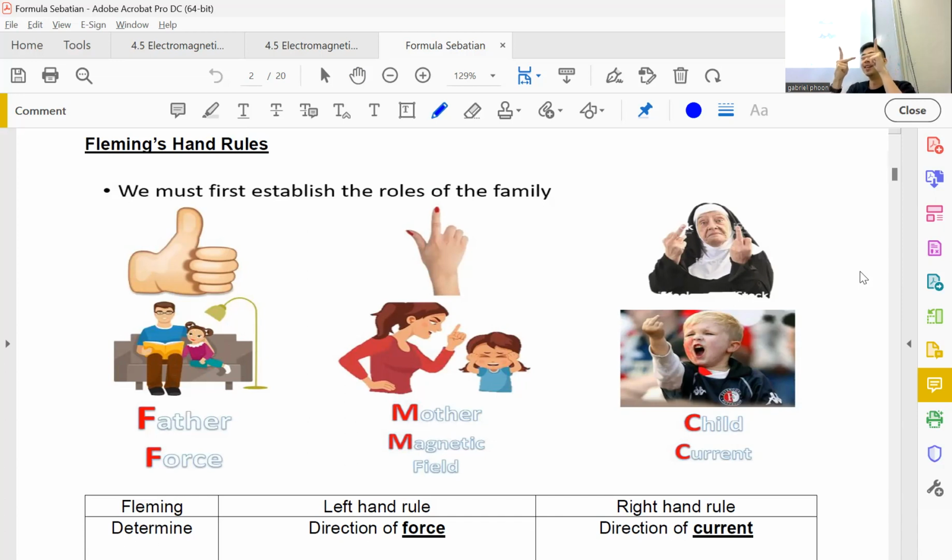You'll see this in the exam hall also. This is exactly what happened in my exam year. I finished this question already, and I already know what's going on. A lot of students get confused. They're like, hey, in this question, should I use the left hand or the right hand?